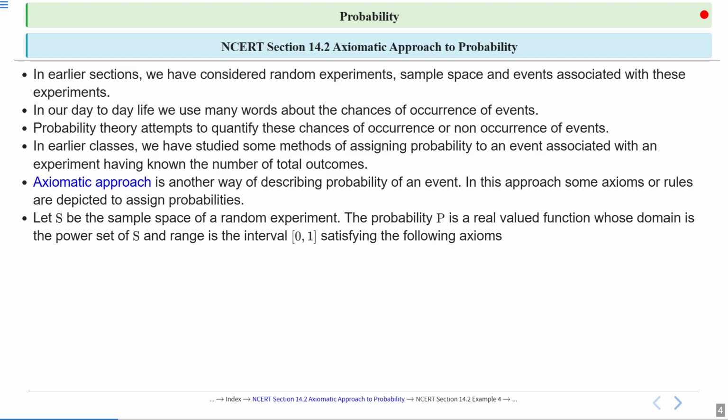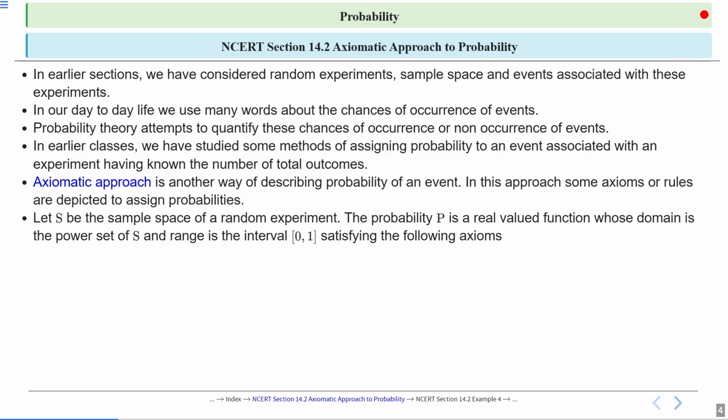Now the probability P is a real valued function. You all know the definition of a real valued function.